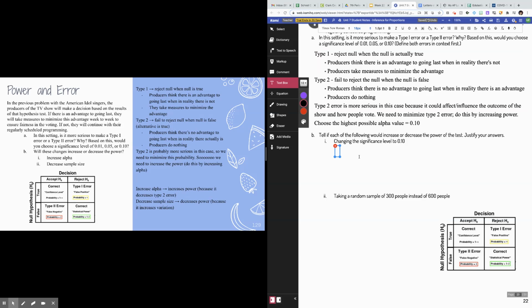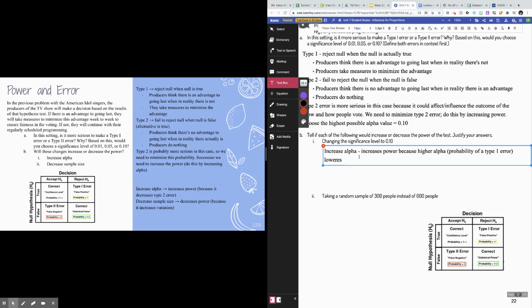So if we started at 0.05 and we increase the significance level, okay, so if you increase alpha, that increases power because higher alpha, which is the probability of a type 1 error, lowers the probability of a type 2 error, thus increasing power. Okay, so all of these things are connected, right?